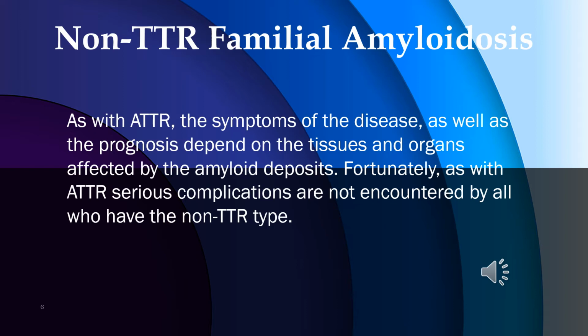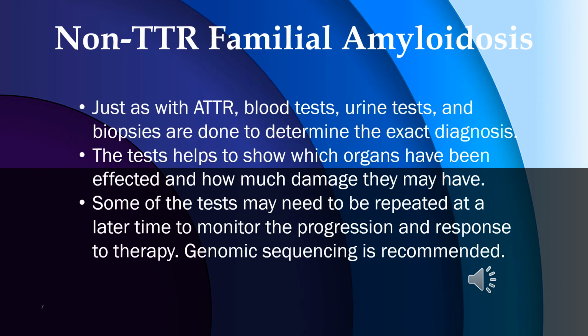Now, the other thing that we need to go into is the diagnosis and the treatment for this type. Just like in the ATTR, we talked about how they did a protein test in their urine to see if they're spilling extra protein. That's a telltale sign.